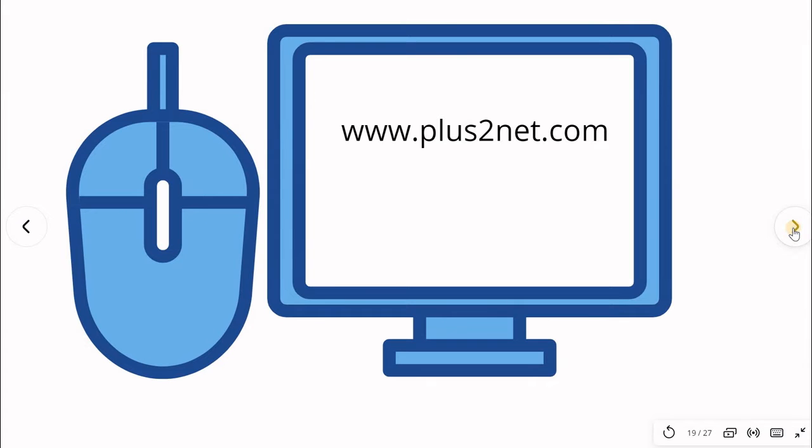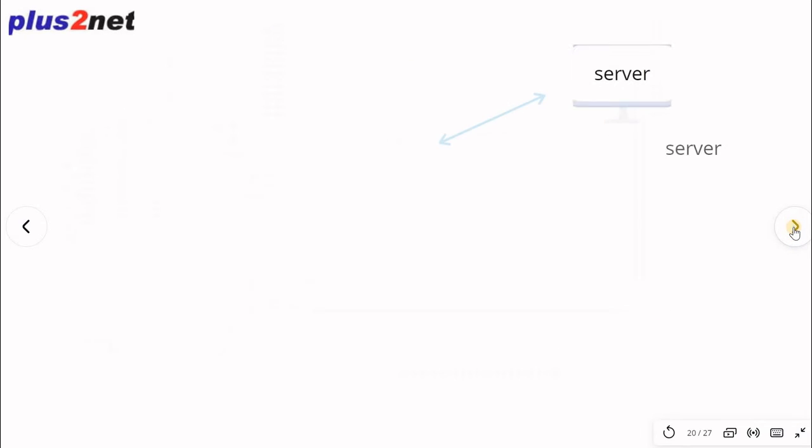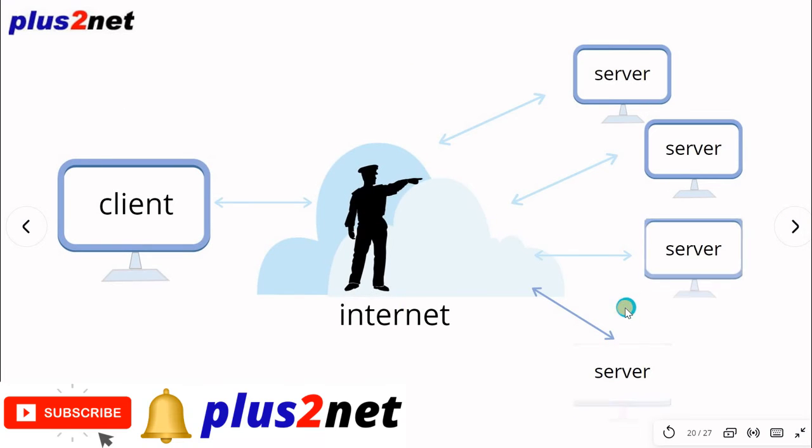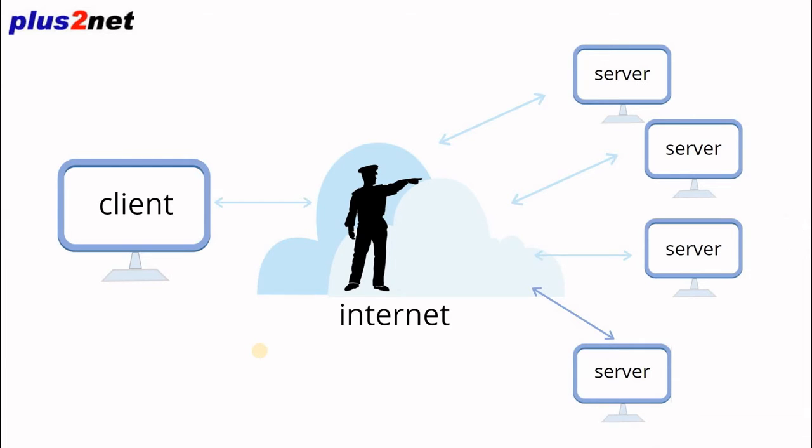Now let's see how we identify and reach a site or a server. Say I have just typed a domain name in my browser, in my client terminal. First, we know the domain name only; we don't know all those numbers of the IP address. So we take the help of our DNS server.